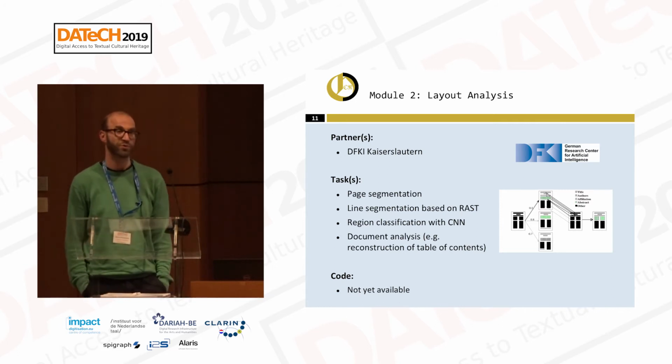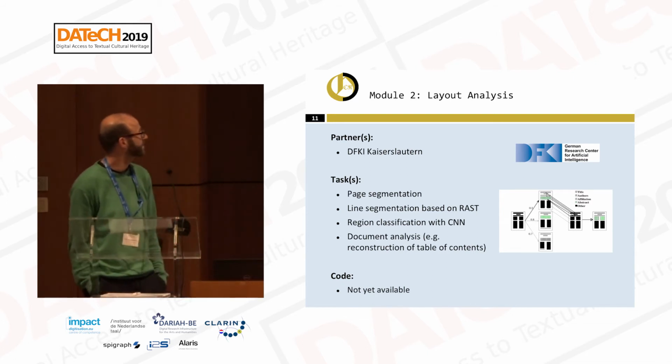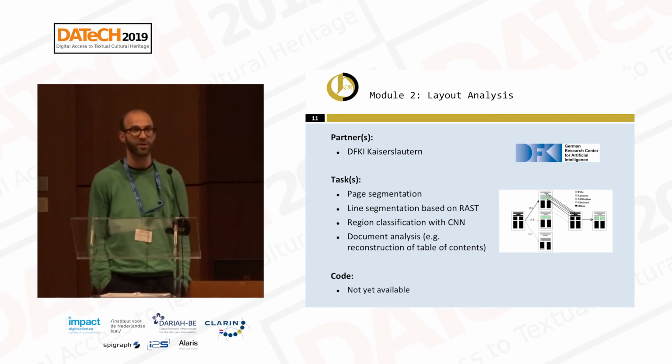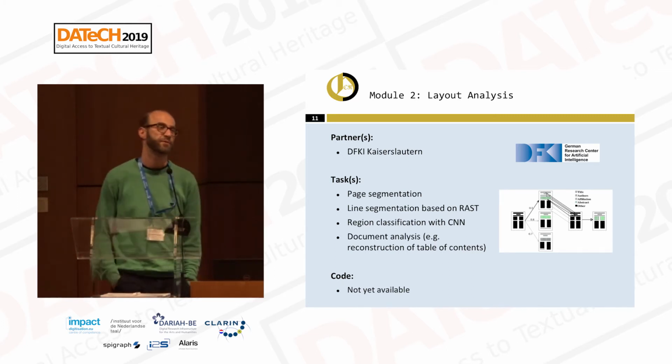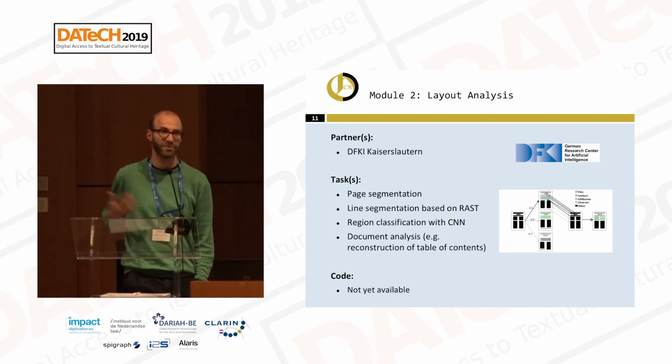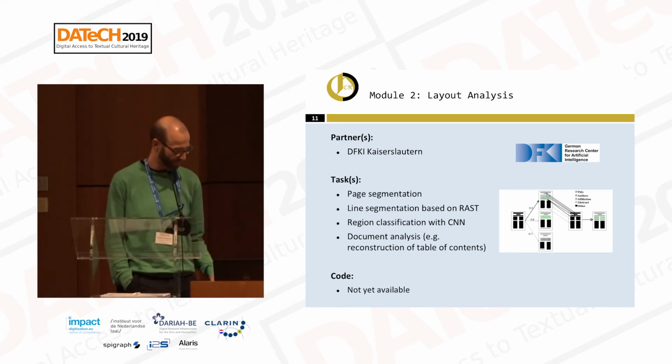There is an approach to do region classification using a convolutional neural network, and some work is also foreseen on global document analysis, for example to reconstruct a table of contents or identify chapters and other structural elements on the document level.